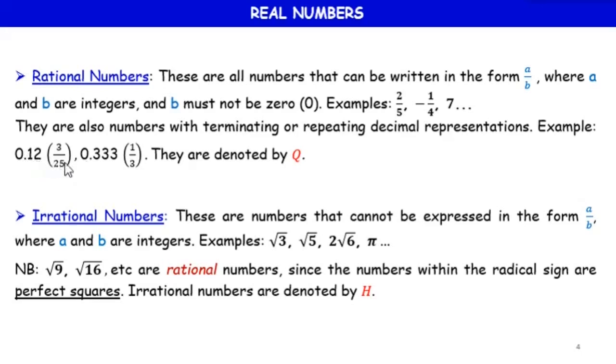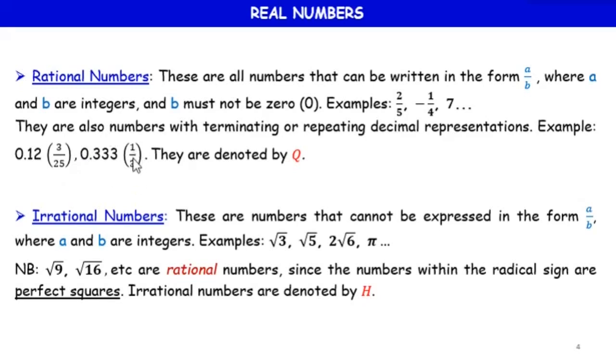So 0.12 is a terminating decimal. All numbers with terminating decimal representations like 3 over 25, which can be expressed in decimal form as 0.12, are rational numbers.